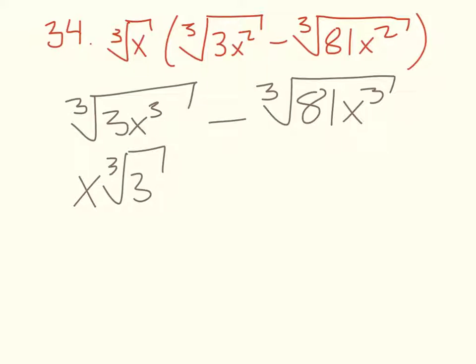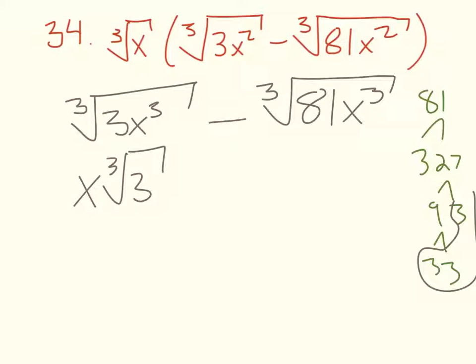If you don't see it right away, 81 is 3 and 27. 27 is 9 and 3, and then 3 and 3, and we're looking for groups of 3. And so sure enough, we do have that. And we have this also. So then, like he said, minus 3x cube root of 3. Is that okay?